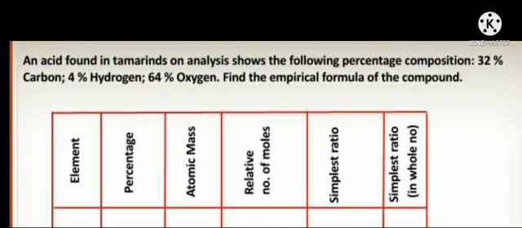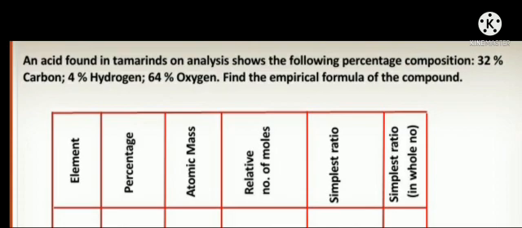Example 1. An acid found in tamarinds on analysis shows the following percentage composition: 32% carbon, 4% hydrogen, 64% oxygen. Find the empirical formula of the compound. Here we have three elements, namely carbon, hydrogen and oxygen.